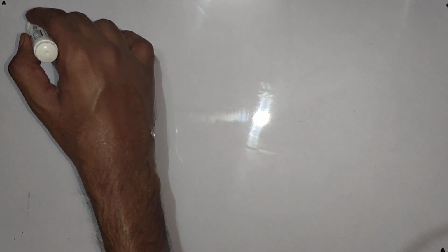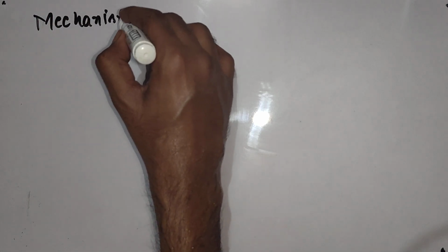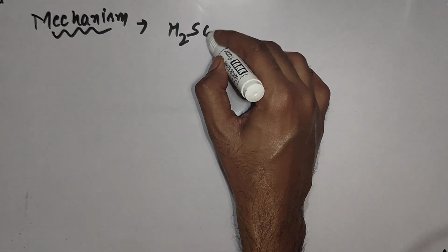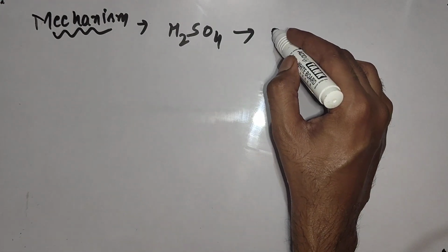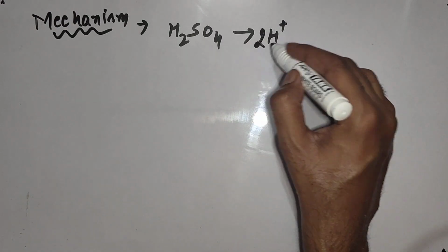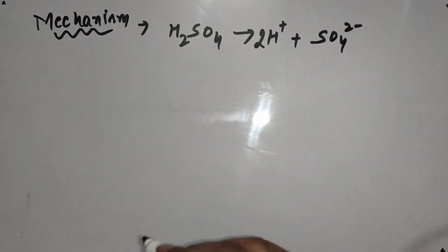Actual mechanism is also very easy. Let's start the mechanism. You know, we are using sulfuric acid, H2SO4, and acids always provide us H positive particles. Your sulfuric acid will break into 2H positive and SO4 2 negative.